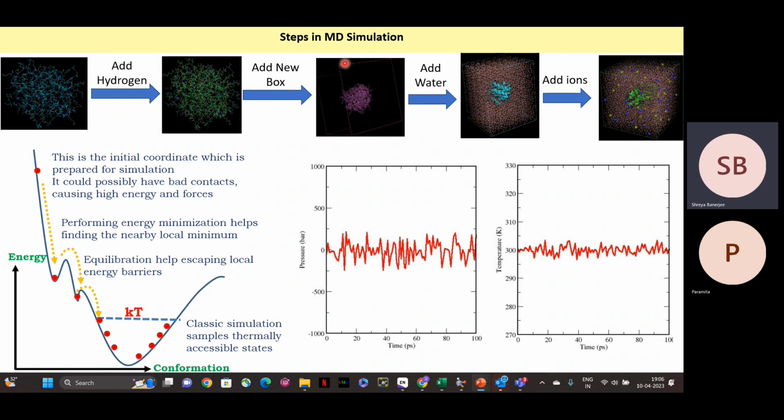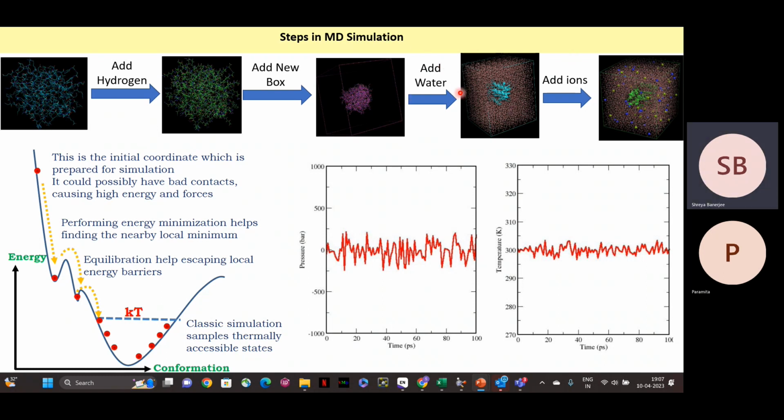Defining the box is very important because we want to set a periodic boundary condition. We don't just want to let the simulation continue up to infinity, because that will take a huge amount of time. So a box has to be defined in which we will limit the molecule so that we can get the simulation result in a reasonable amount of time.